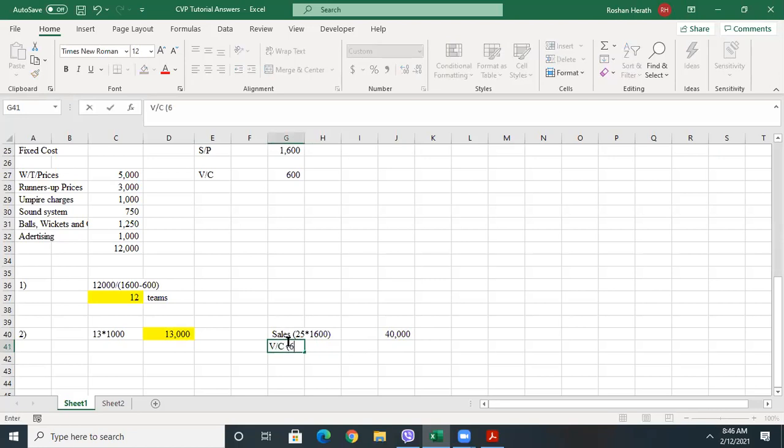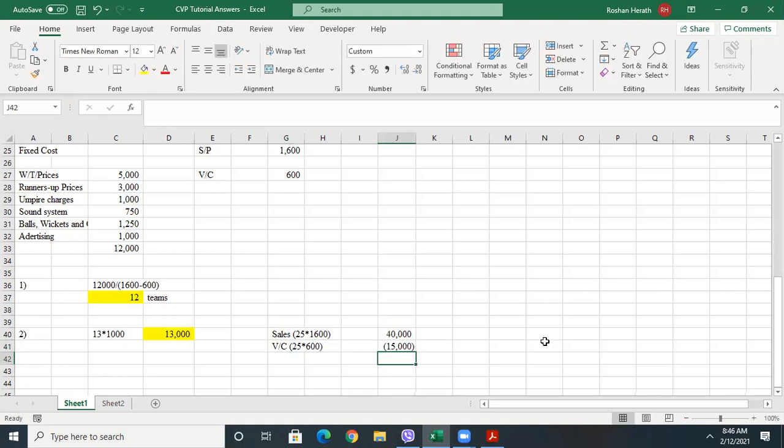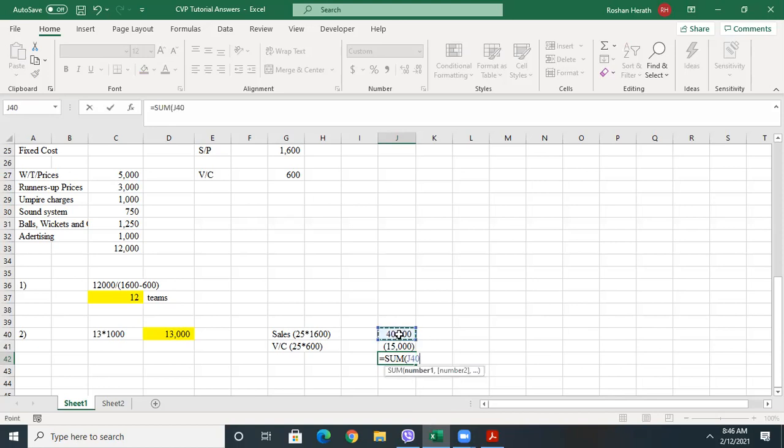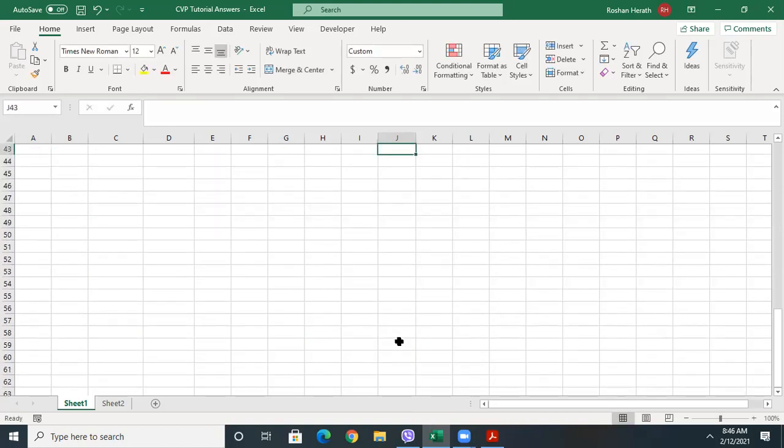It's 25 into 600 per team. This is your fixed cost. And if you work out the contribution, this is it.